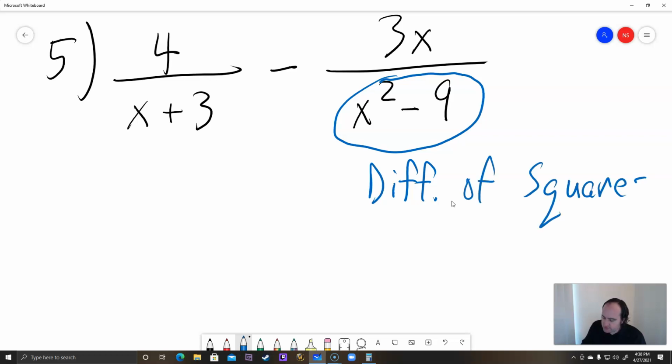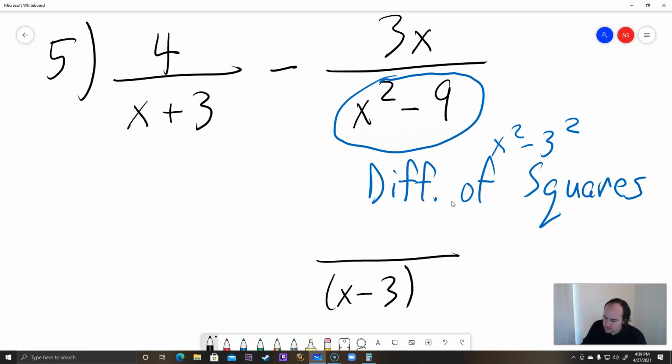And remember, for the difference of squares, if you have something squared minus something else squared, like here we have x squared minus 3 squared, that's going to factor as x minus 3 times x plus 3.